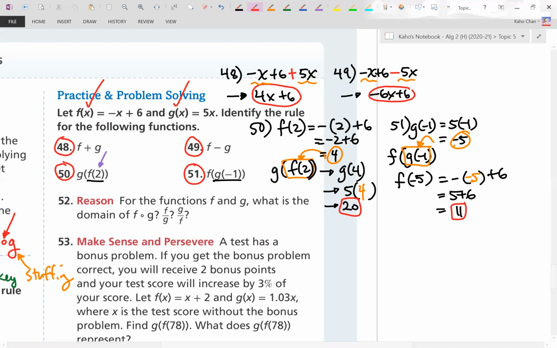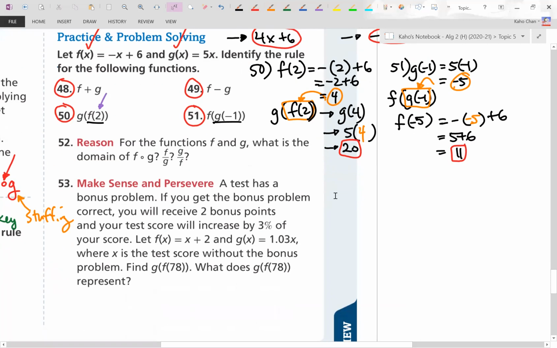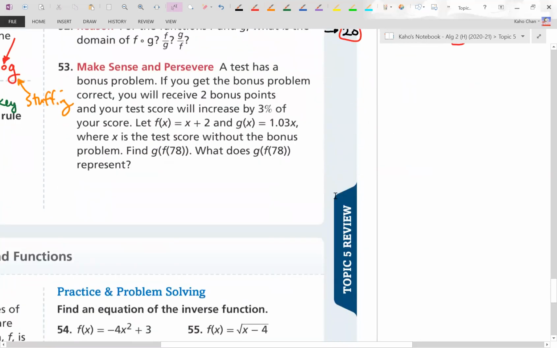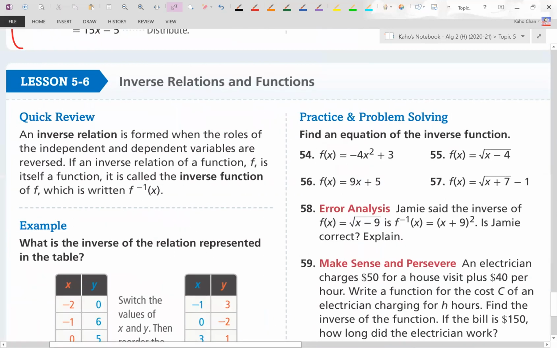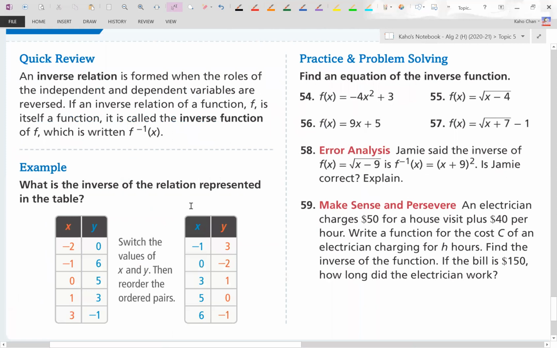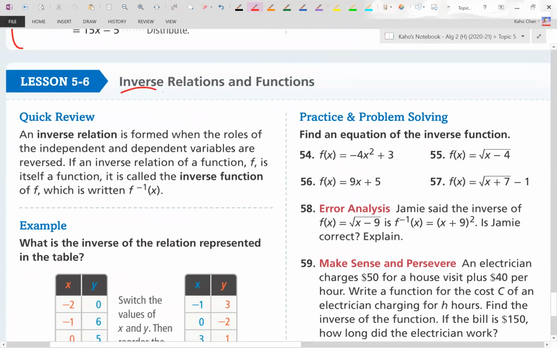You guys ready for the last section? All right. So we've done radicals, cube roots, square roots, and graphing them. We're now going to find actual inverse relations with the next section, 5-6. The rule when finding inverses is to swap x and y to find the inverse relation and isolate y.